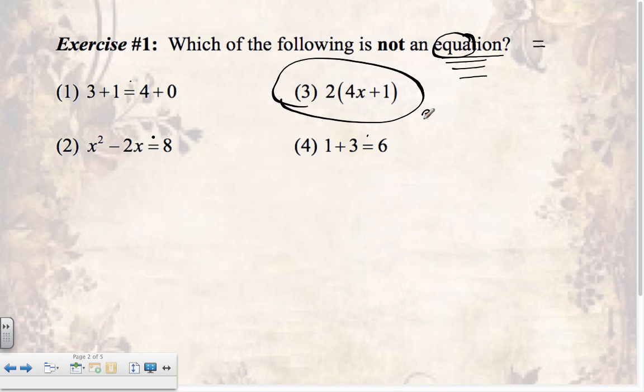Choice 3 is a simple expression, whereas choices 1, 2, and 4 all have 2 expressions, and we just happen to set those expressions equal to each other.